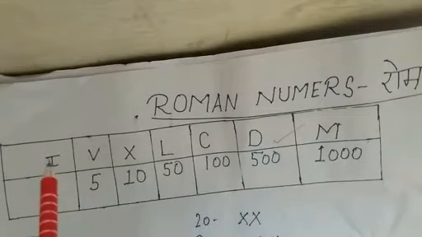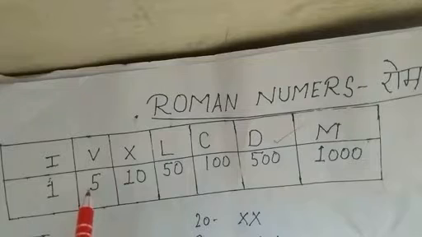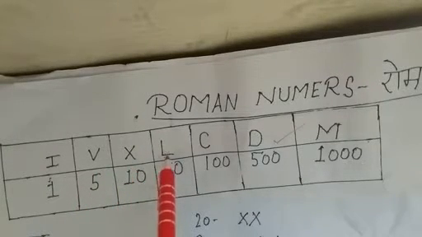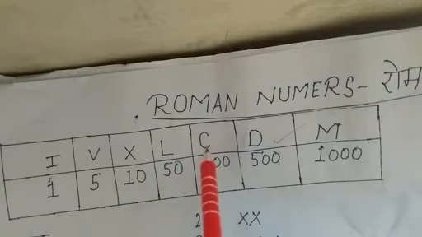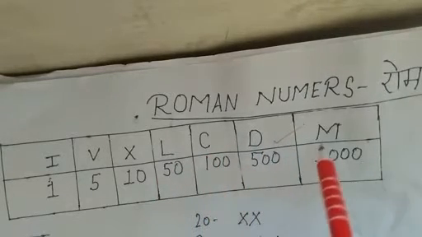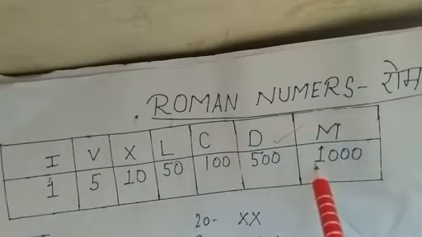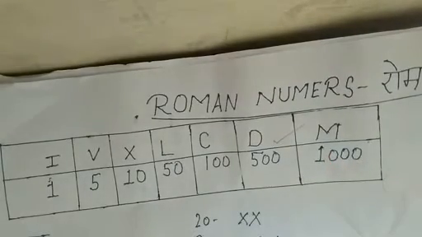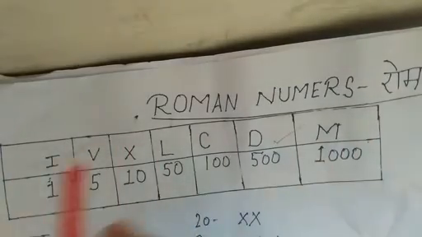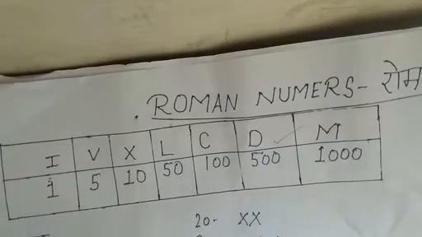So symbols are I stand for 1, V stand for 5, X stand for 10, L stand for 50, C stand for 100, D stand for 500, and M stand for 1000. Means by the help of these 7 symbols we can make all Roman numbers.